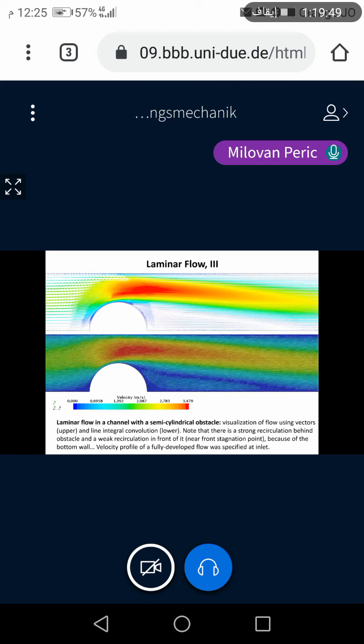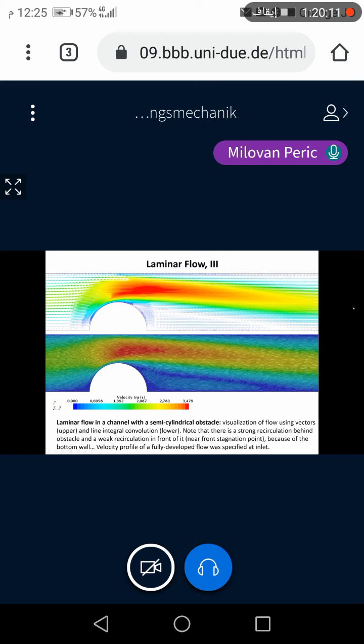Let's first look at the velocity vectors. What you see here is that the flow accelerates along the obstacle on the upstream side. And then, because the flow now is much faster, it cannot follow the curved wall downstream. It simply separates.